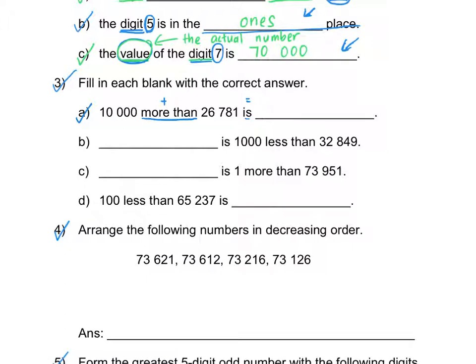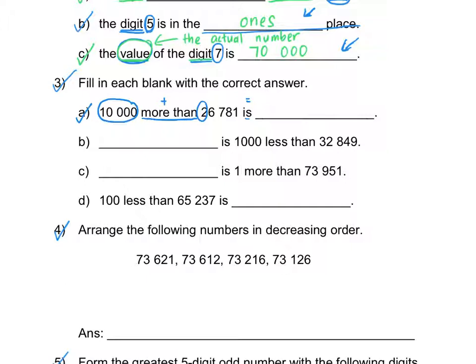And because the question has given you this number 10,000 more than 26,781, which place value do you focus on? You should focus on the ten thousands place. So because it is more than, what will happen to the digit 2?